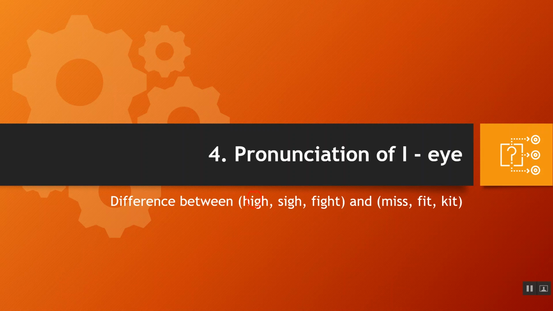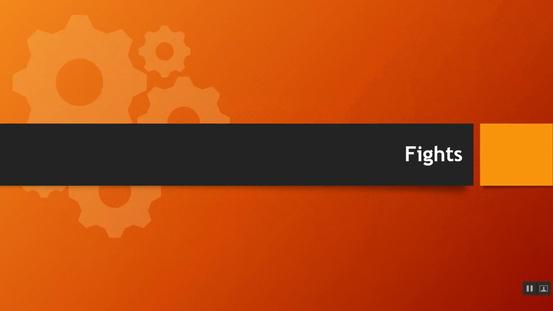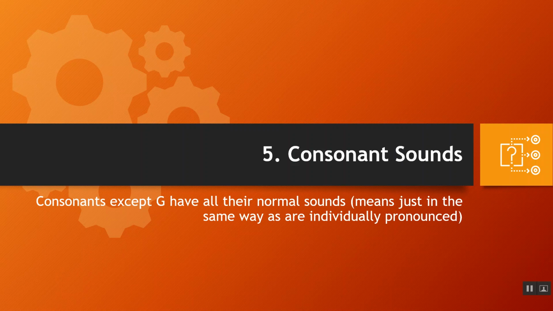This I is pronounced as I. This one is E. Whenever there is a bar over I, you have to keep in mind that it is to be pronounced as I. So fights, spy, malign, civilize. Fights, spy, malign, civilize.